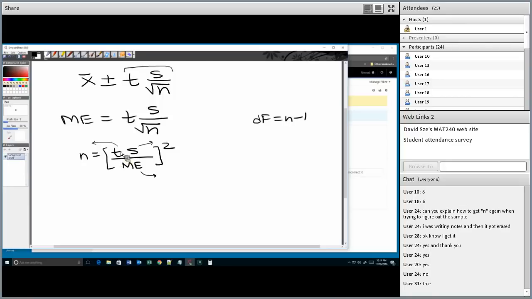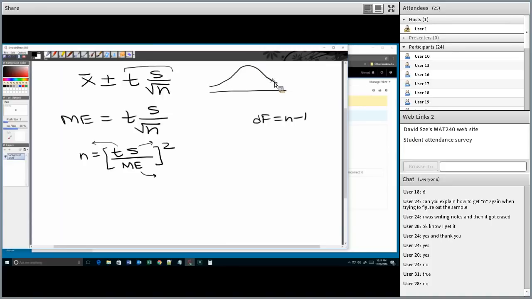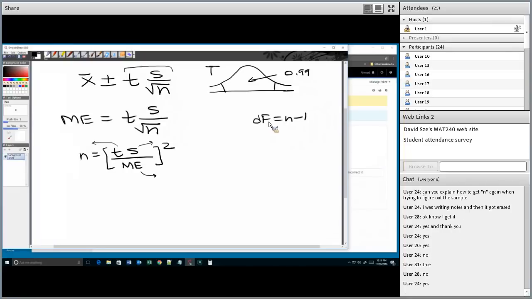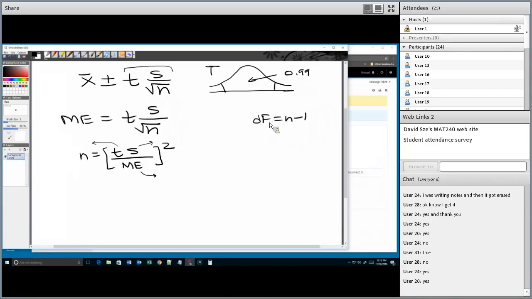So for the critical t value, remember we solved some problems where I gave you 99% confidence, and you said the middle area is 0.99, and this is a t distribution. Remember when we used the t calculator, it wanted you to enter degrees of freedom, right? Before it gave you this answer.